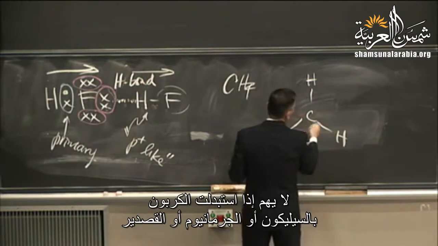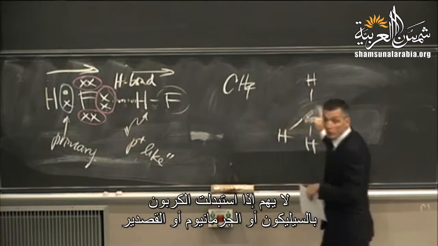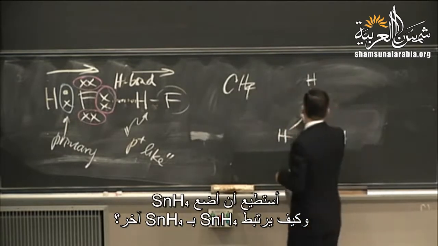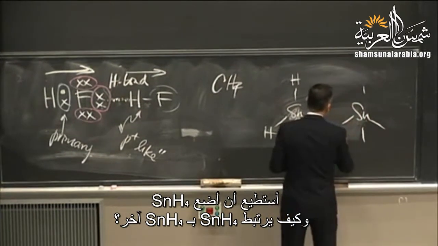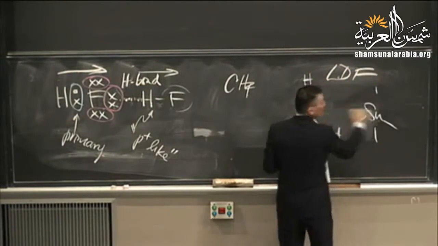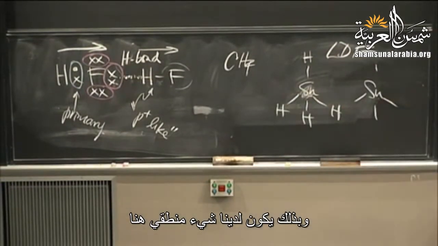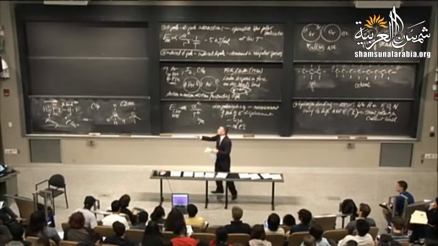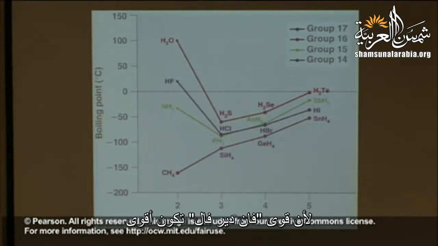That's how it does. And it doesn't matter if I substitute the carbon with silicon or germanium or tin. I can put SnH4, and how does SnH4 bond to another SnH4? It's just by London dispersion forces. That's all that's operative here. And so we have what makes sense here, that the heavier, more massive ones, the ones that have greater polarizability, have a higher boiling point because their van der Waals forces are stronger.